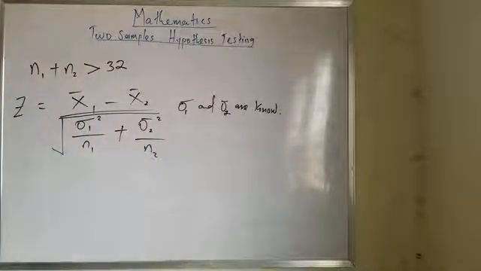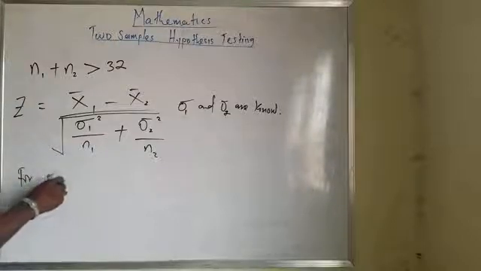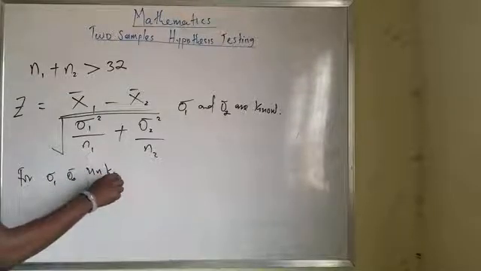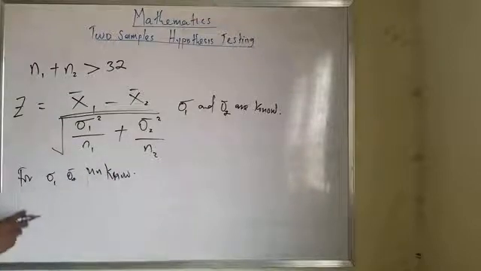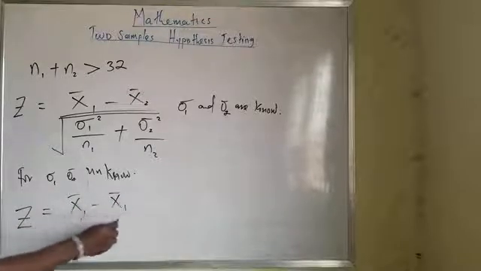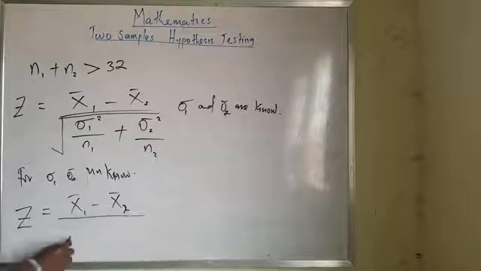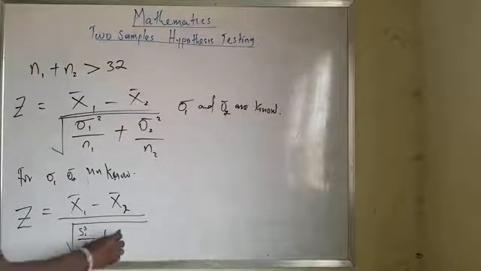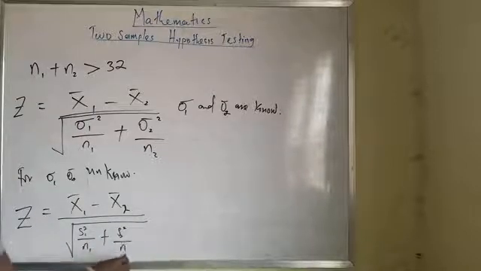That is for when sigma 1 and sigma 2 are known. When they are unknown, Z equals x̄1 minus x̄2, divided by the root of S squared 1 divided by N1 plus S squared 2 divided by N2.